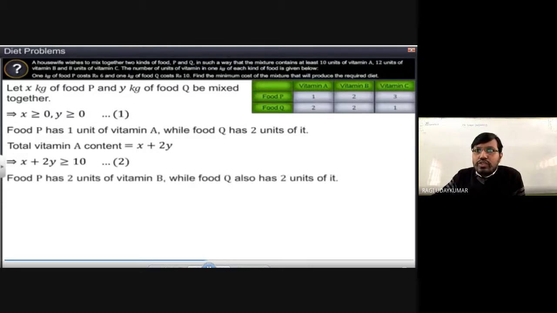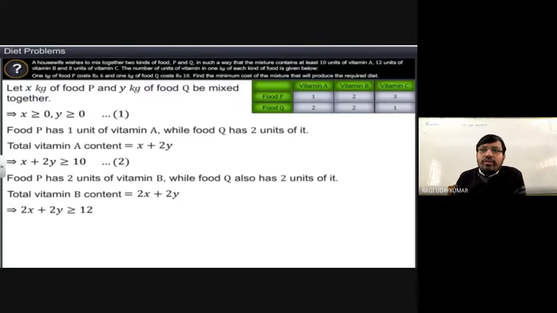And food P has 2 units and food Q has 2 units of vitamin B. Vitamin B total is 2x plus 2y. This should be greater than or equal to 12 units, because at least 12 units of vitamin B is given in the problem.